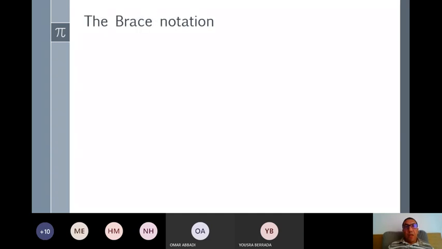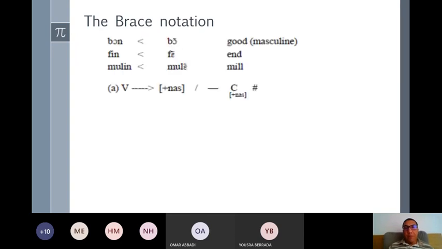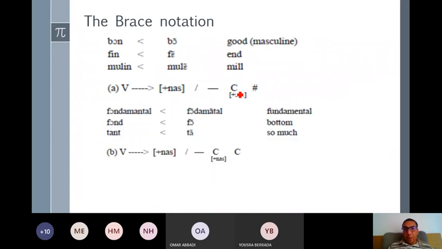All right, next. Now we're going to start with the brace notation. Remember the example from French, nasalization in French, and remember that nasalization applies word finally, and also it applies when there is a nasal consonant following a vowel.